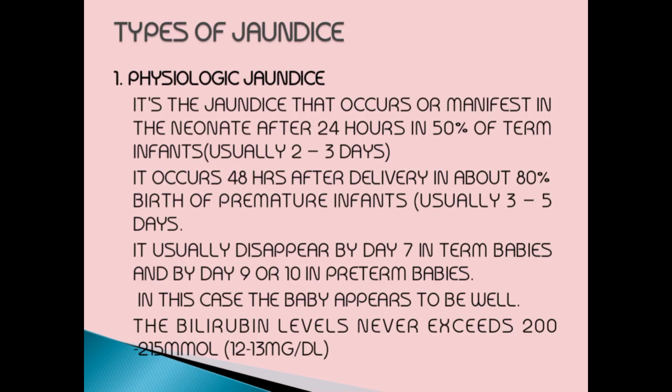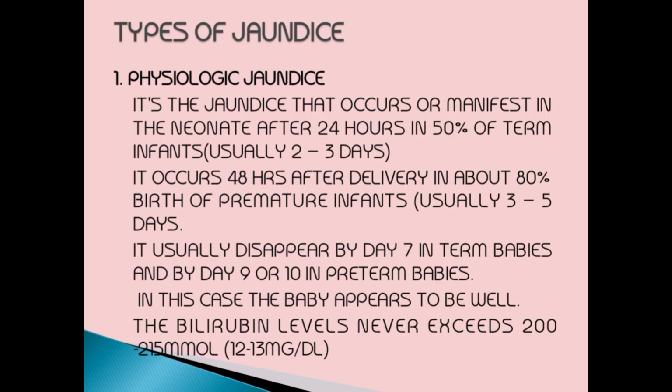Under the characteristics, you may be asked to write the characteristics of the types of jaundice. So these are the things that we are supposed to be writing. It occurs after 24 hours of birth and occurs in 50% of term infants.